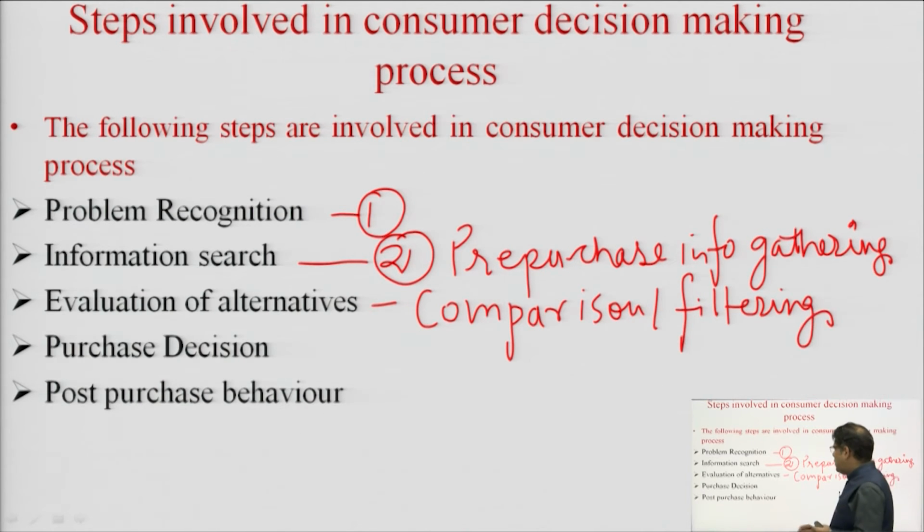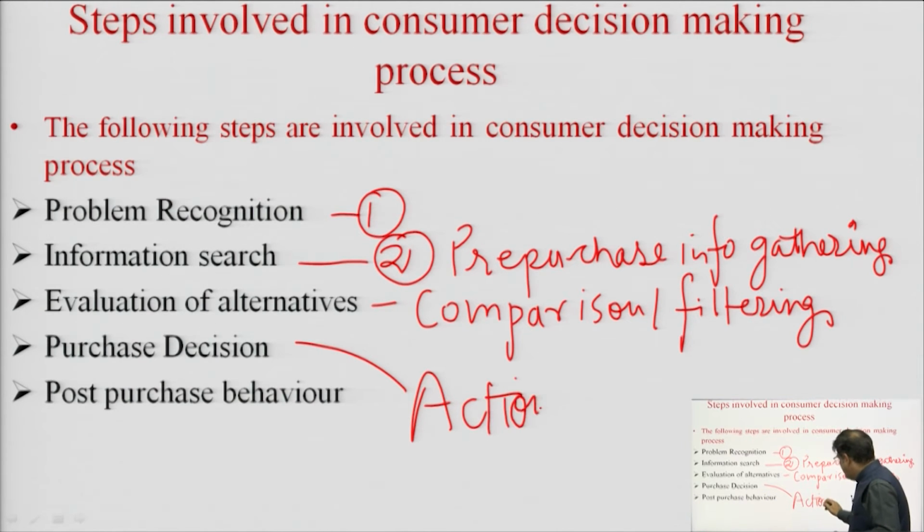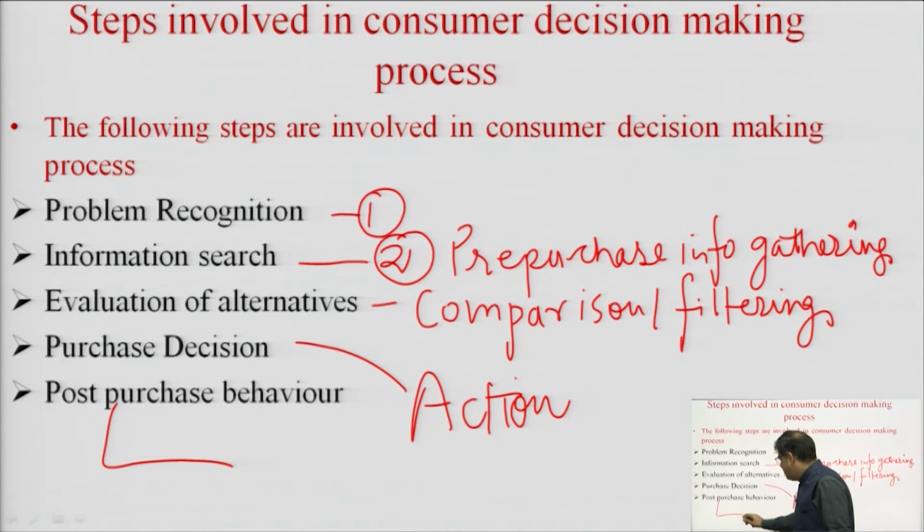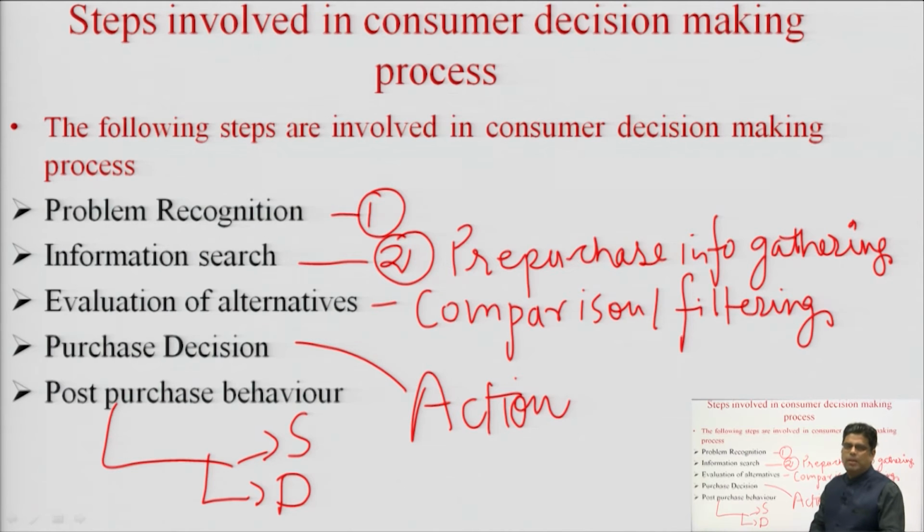This step is then followed by the purchase decision, and purchase decision is where the action happens, where the consumer pays the money and acquires the product or acquires the experience of the service. And then the post purchase behavior happens, and here there can be either satisfaction or dissatisfaction depending on whether the product was up to the taste of the consumer or whether the product falls below the taste of the consumer.